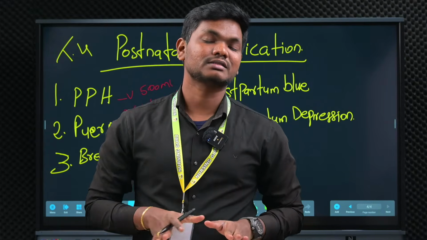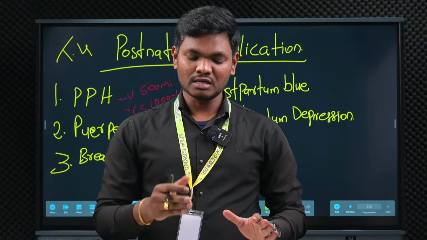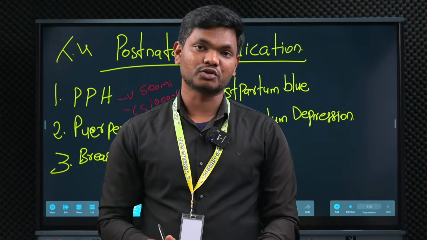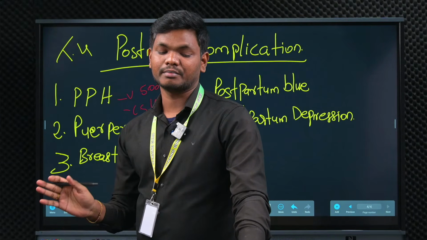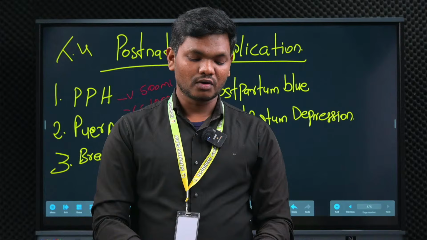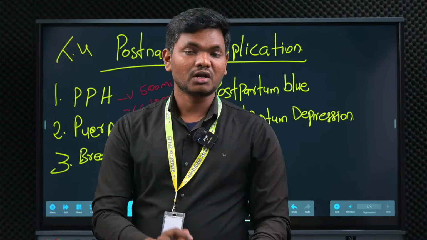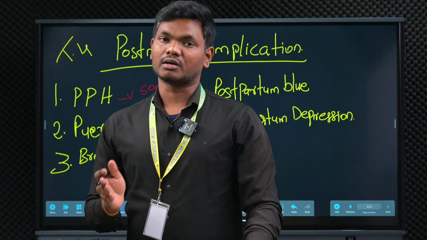You can start massaging the uterus, which helps the uterus to contract. Then IV fluid should be started to prevent electrolyte imbalance and dehydration, and it will also replace the blood loss. Then oxygen administration: if the mother is not stable, you can provide oxygen.